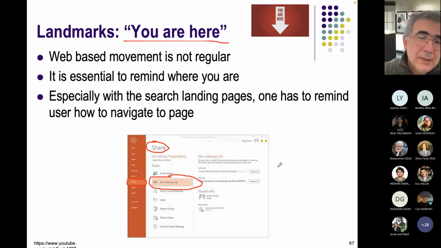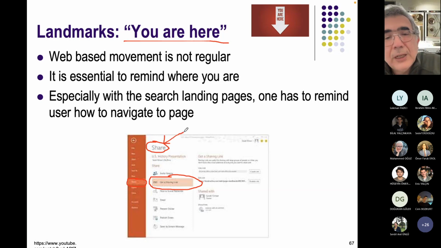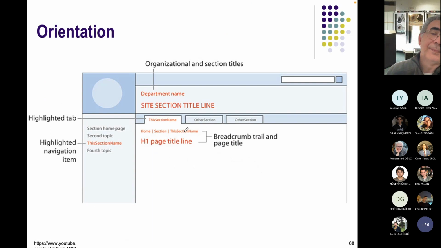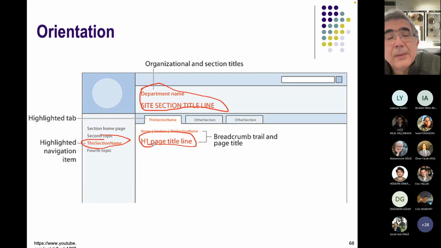This is especially important, orientation information. If you don't put orientation information, they have to remember what they did, and they have to estimate where they are, which is not good. This is the orientation: department name and site selection title line, and page title. This has to be present along with the breadcrumbs. That's for orientation.